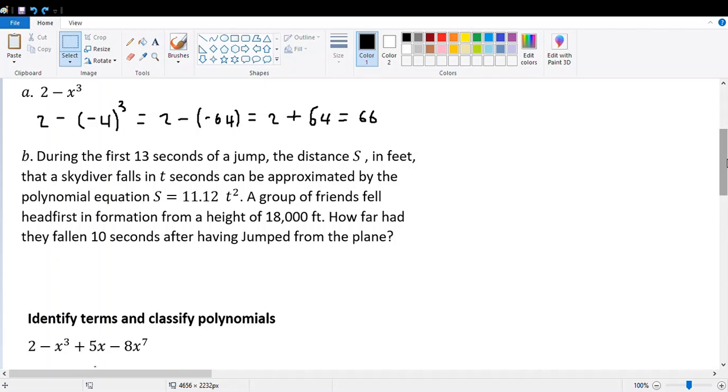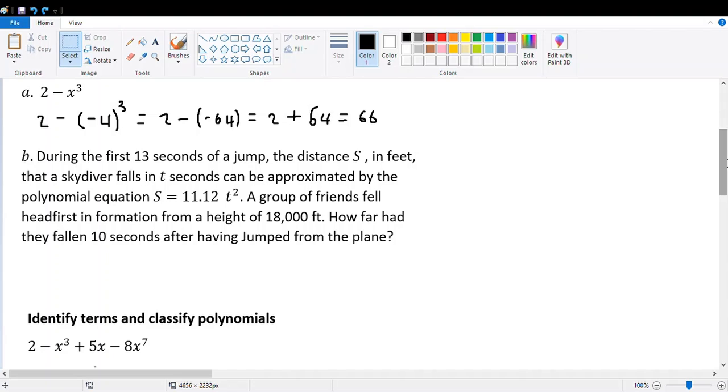A group of friends fell headfirst in formation from a height of 18,000 feet. How far had they fallen 10 seconds after having jumped from the plane? In this case, of course, remember that we are evaluating the polynomial, but in a context, in a word problem.